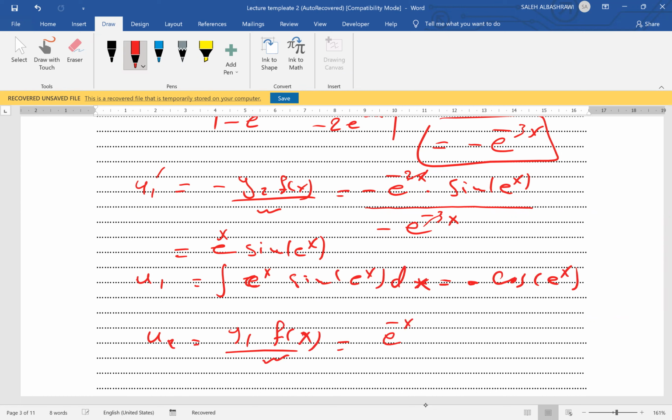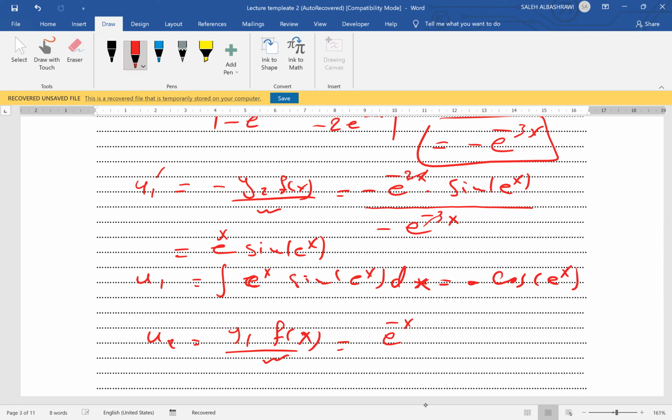This is u2 prime. It will be minus e to the power 2x multiplied by sine e to the power x. Now to find u2, we integrate this one: minus e to the power 2x sine e to the power x dx.